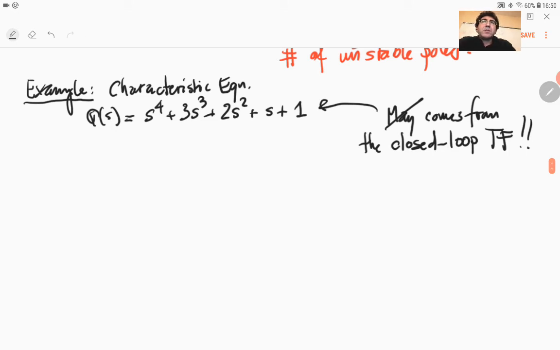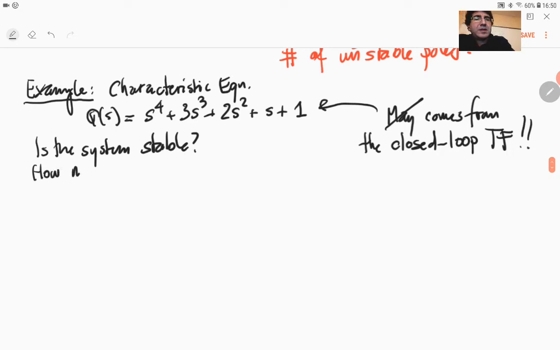But what we want to do is use the Routh-Hurwitz method to find out whether this system is stable or not. Is the system stable? If it's not stable, how many unstable poles?